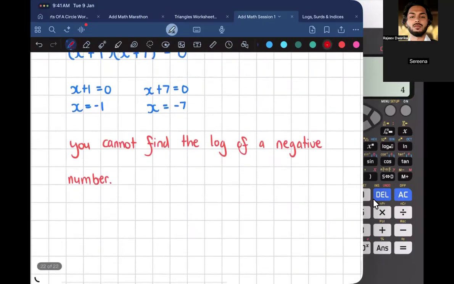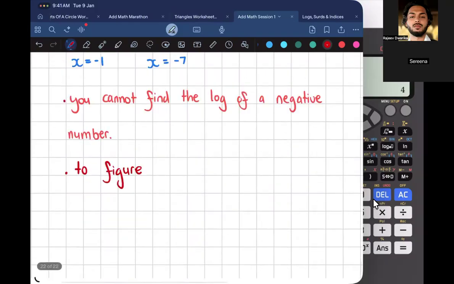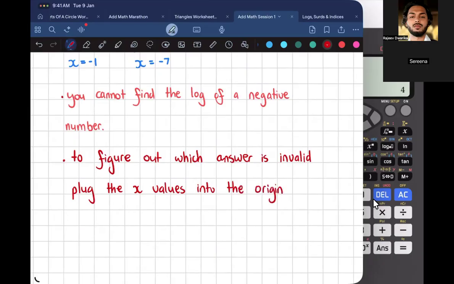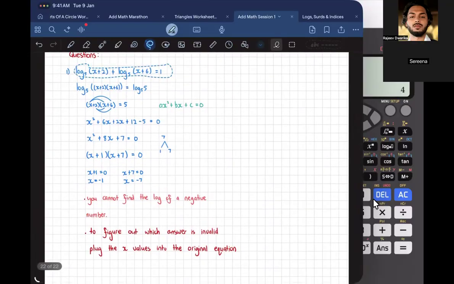To figure out which answer is invalid, plug the x values into the original equation. I'm going to pull it back.